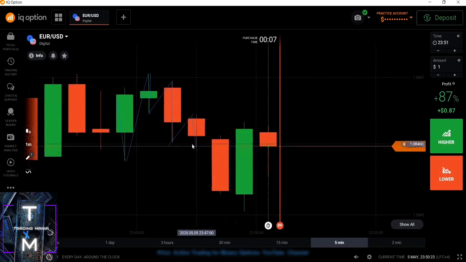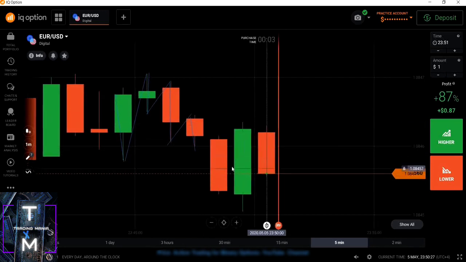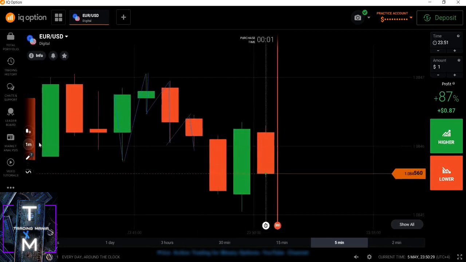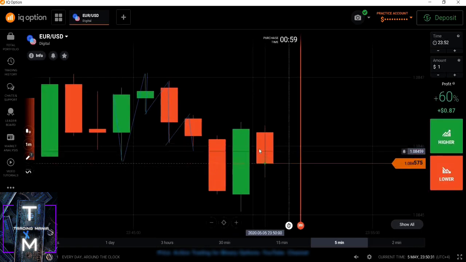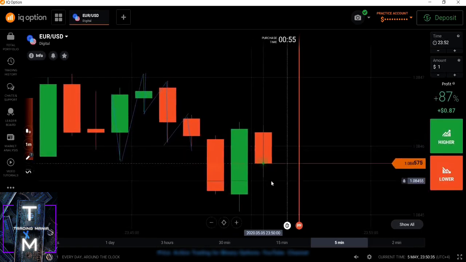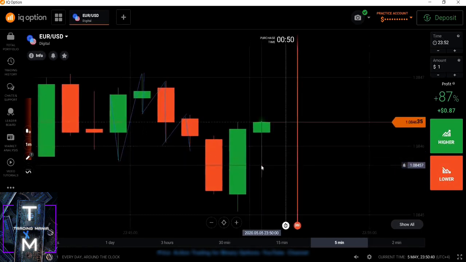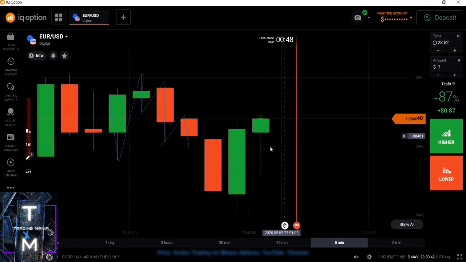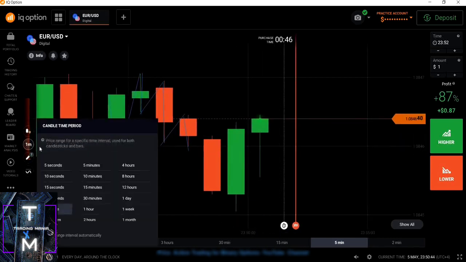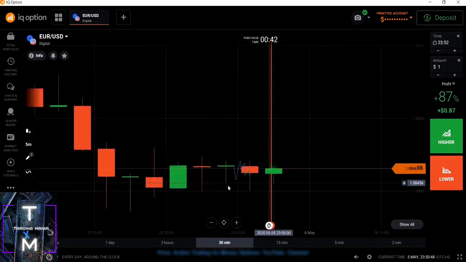Now if you are a beginner and you have just started understanding candles, I would recommend you not to go into 1 minute and start noticing, because after 5 candles you will start losing your eyesight. I mean, you will become dull, you will start getting irritated because it keeps on moving so fast. So if the momentum is fast, just change the time frame to 5 minutes or 10 minutes and start noticing that way.